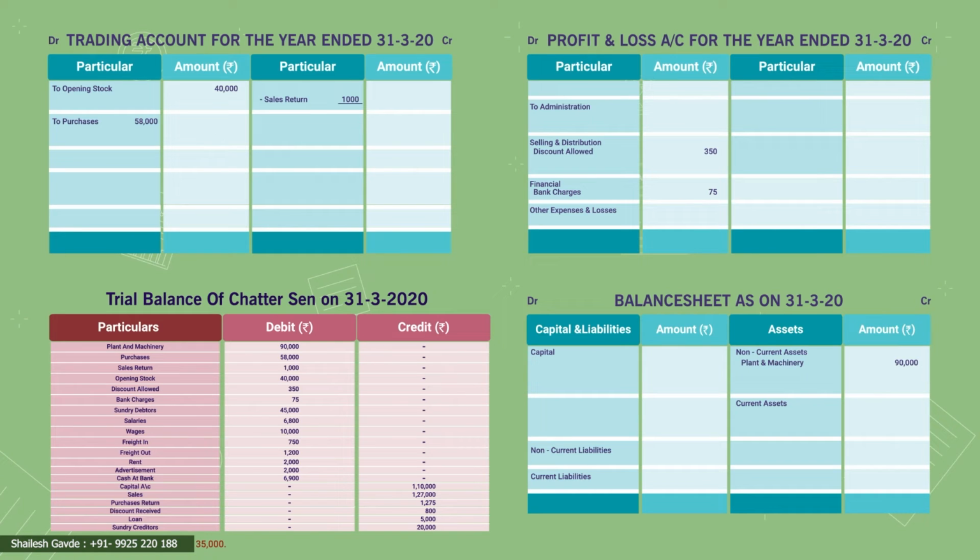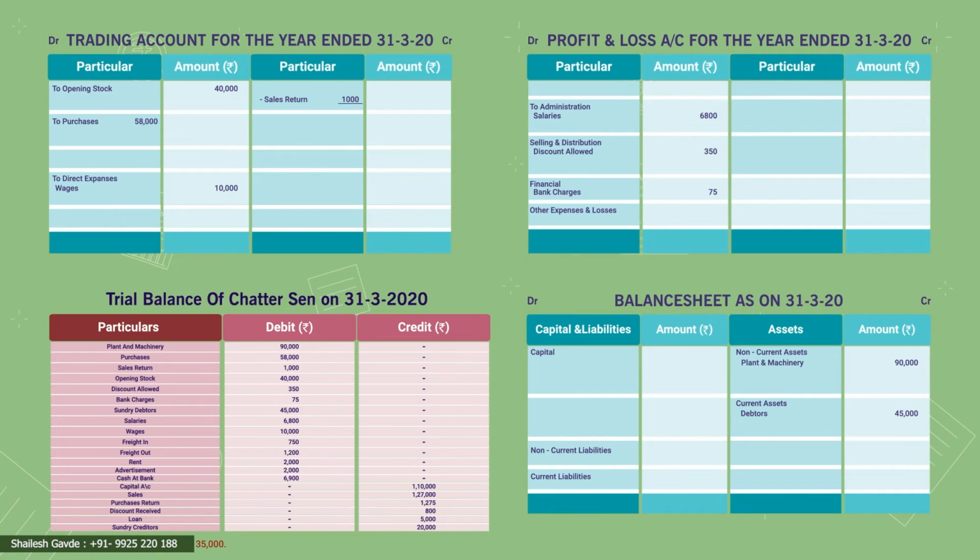Debtors will show as a current asset in balance sheet asset side, 45,000. Salaries, profit and loss account, administration expenses, 6,800. Wages are direct expense, trading account, debit side, 10,000.